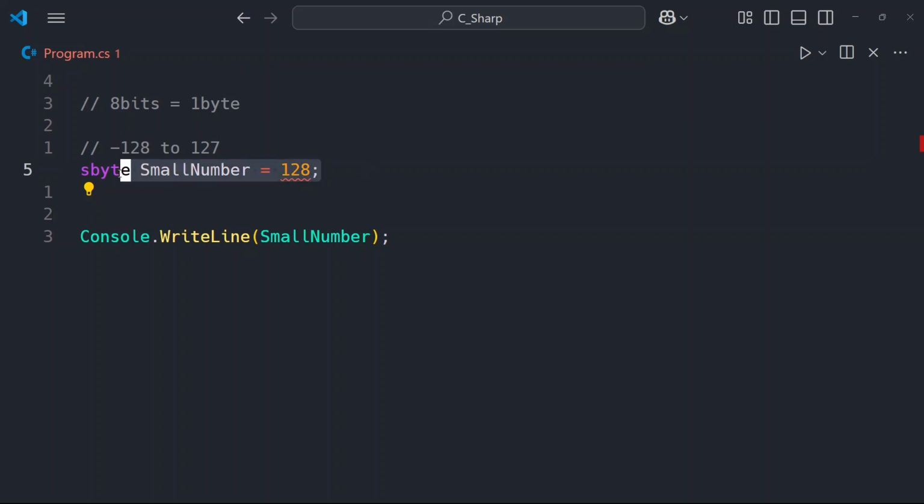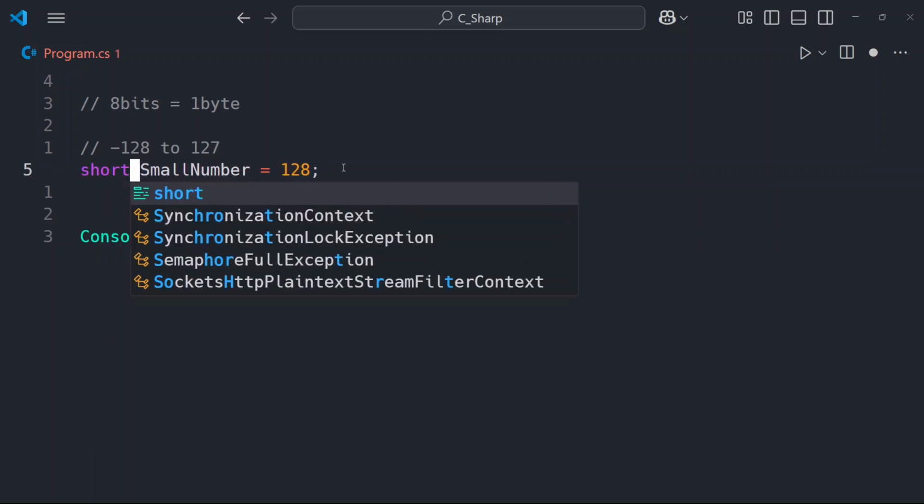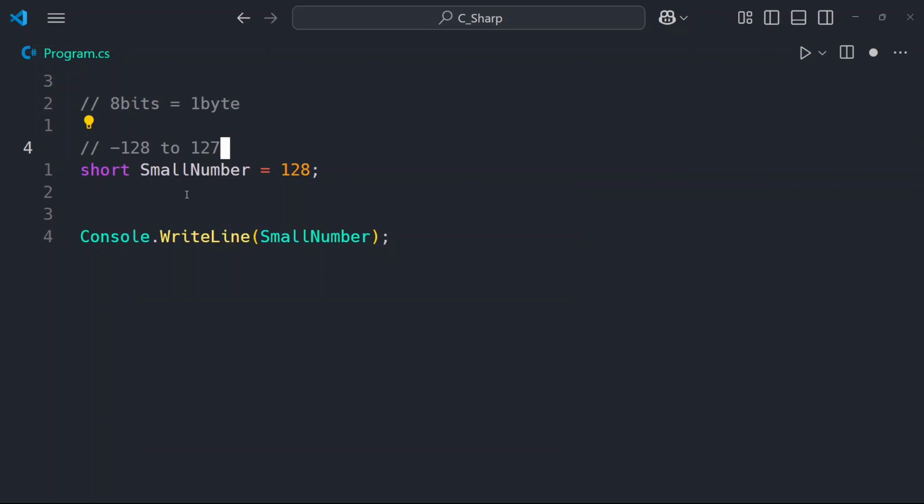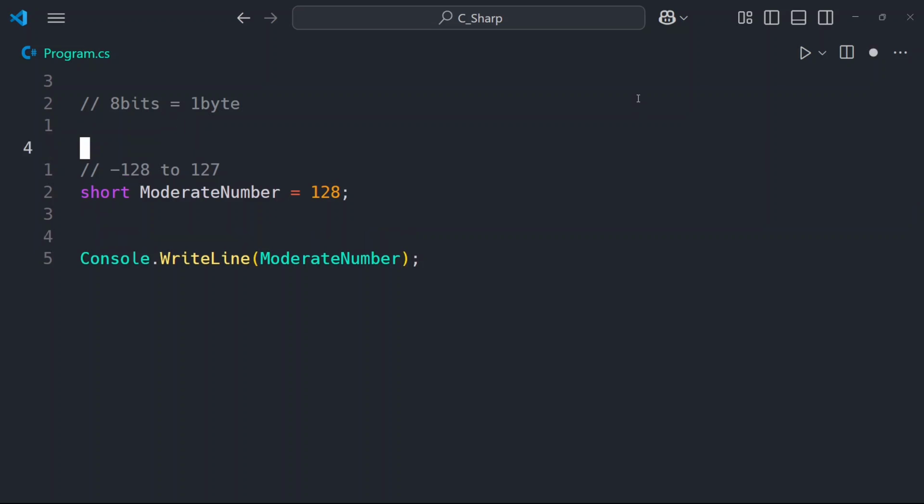Next up, we have short. So let's call this moderate number. And short is 16 bits. Okay?